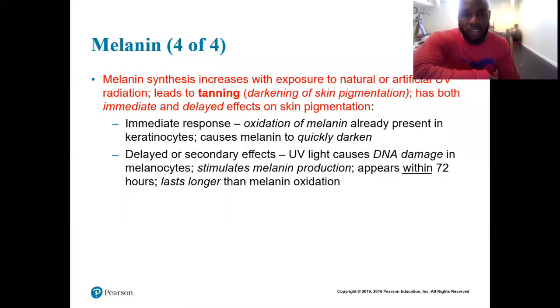Melanin synthesis, the creation of melanin, increases with exposure to natural or artificial UV radiation. Some people like to go to what we call tanning beds, things like that. But we all tan in a way when we are out in the sunlight, for instance.